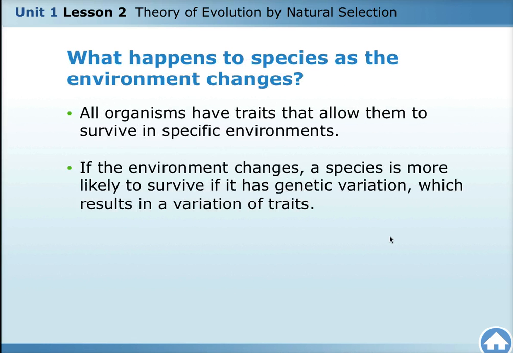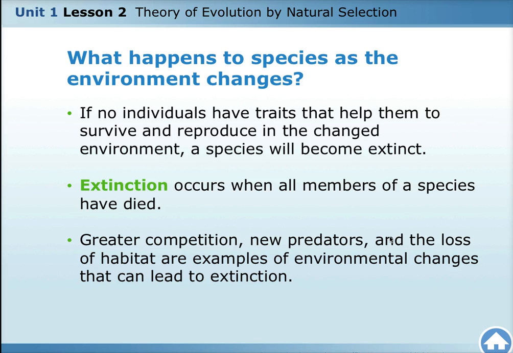So what happens to species as the environment changes? On page 23 in your text. All organisms have traits that allow them to survive in specific environments. If the environment changes, a species is more likely to survive if it has genetic variation, which results in a variation of traits. If no individuals have traits that help them survive and reproduce in the changed environment, the species will become extinct.